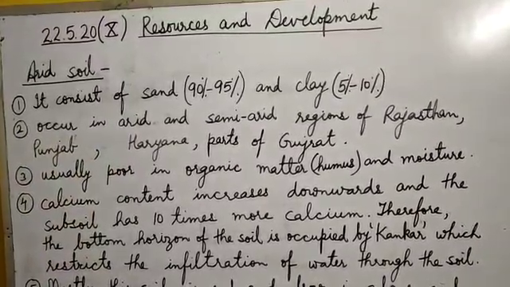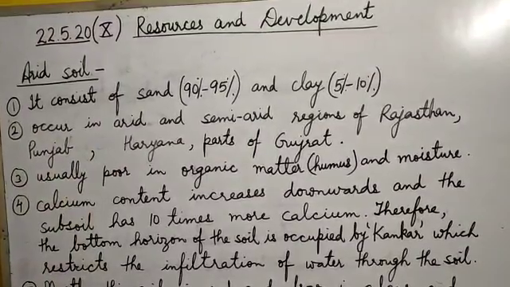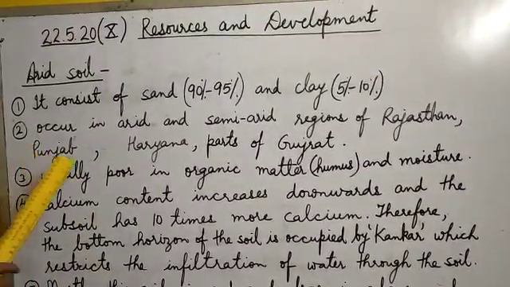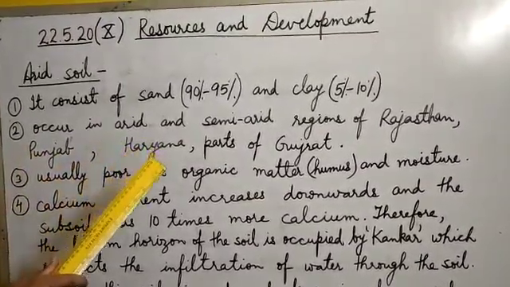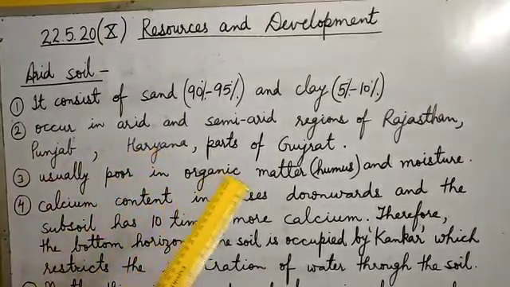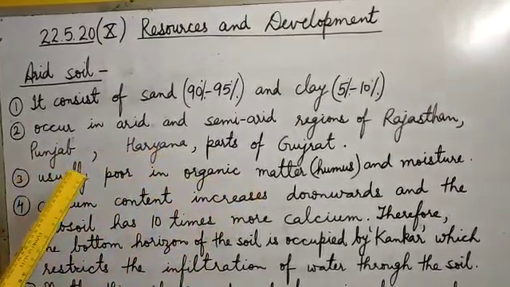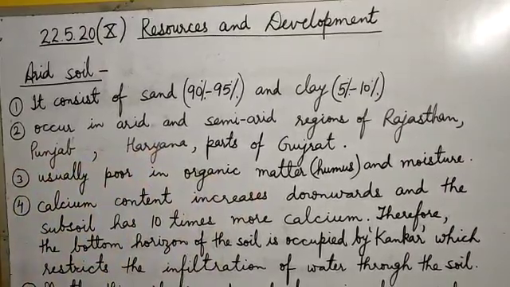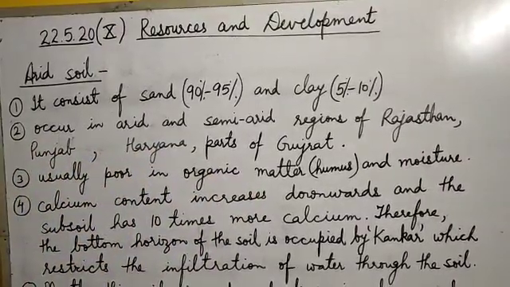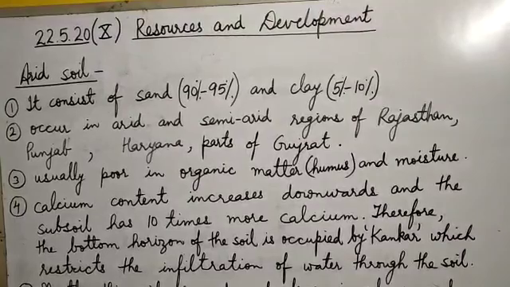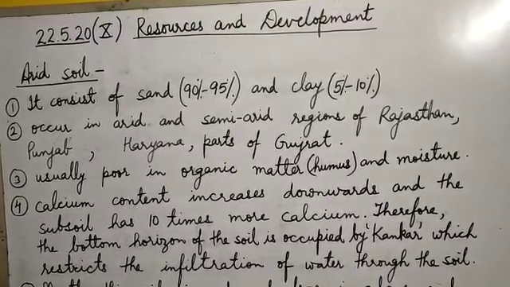Where is this soil found in India? It occurs in arid and semi-arid regions of Rajasthan, Punjab, Haryana and parts of Gujarat. Mainly this soil is formed due to wind erosion and deposition.